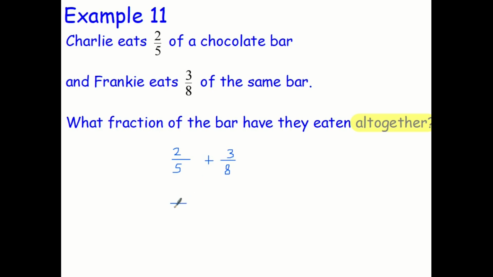We find a common denominator, in this case 40. How many 5s in 40? There are 8, so I do 2 8s, which are 16. How many 8s in 40? 5, so I do 3 times 5, which is 15. And added together they make 31/40.